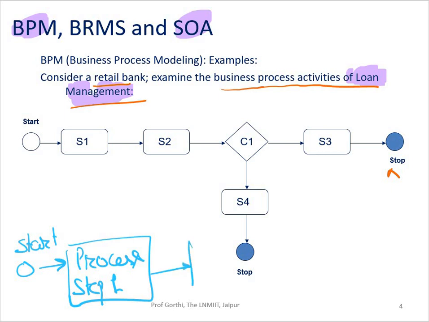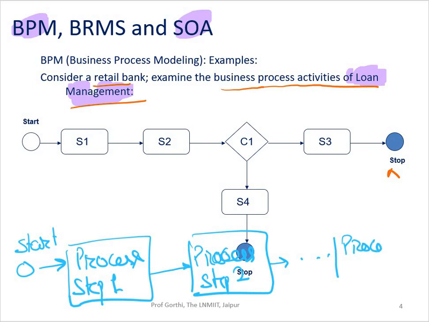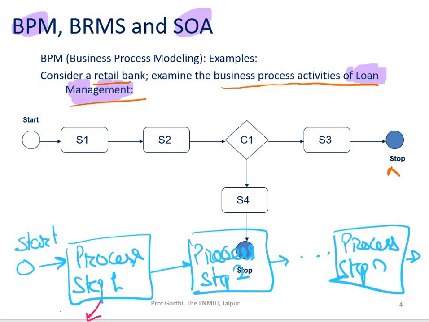We can have process step 2, and so on and so forth, so we can have process step N. In between, for this process I can have some services. Let's say service A. Here I may have service A and service B as well. So all these processes will be going for, let's say, service XYZ.